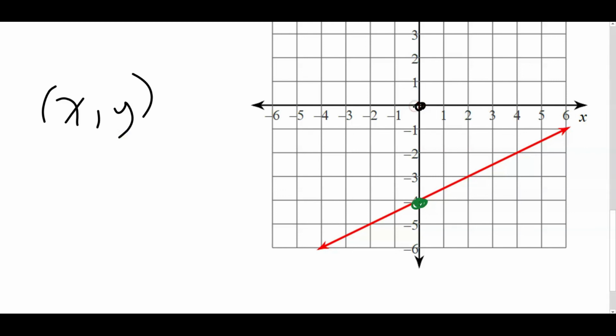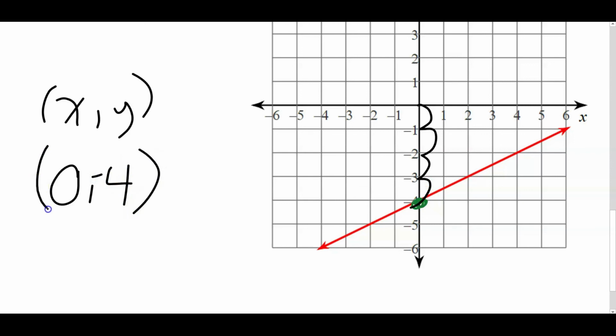So I would say 0 because I'm not moving left or right, but I am going down 1, 2, 3, 4. So the -4 shows that I'm going down 4. So my y-intercept would literally be at the coordinate 0, -4.